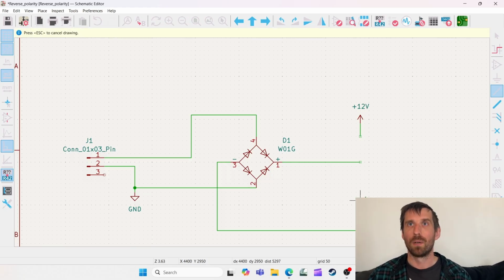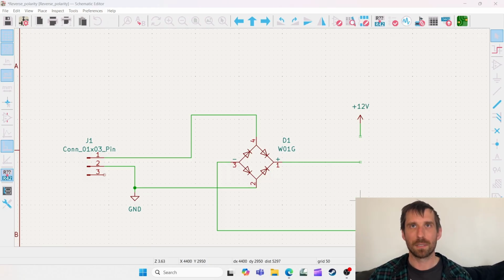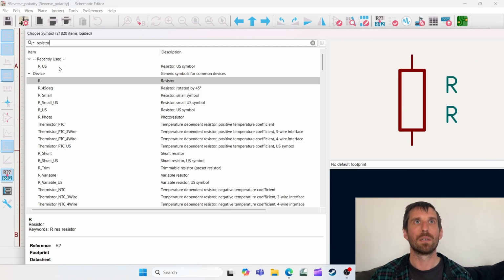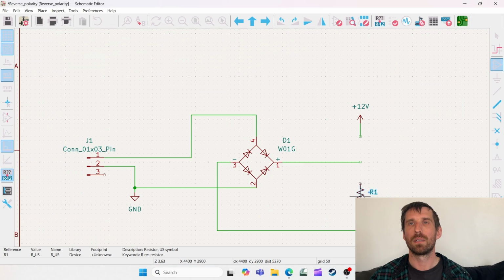So we're going to simulate the rest of this circuit with that resistor. So then we'll move this down here.